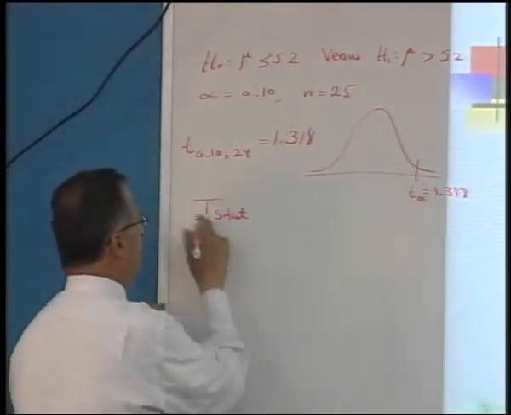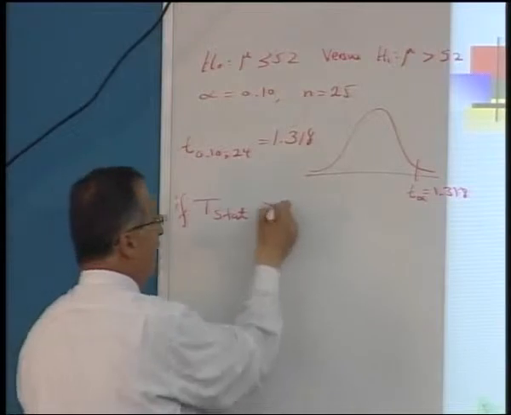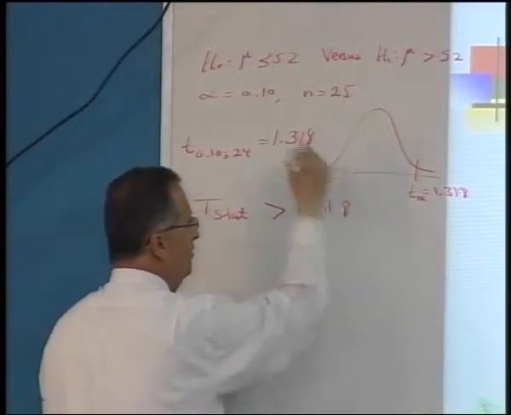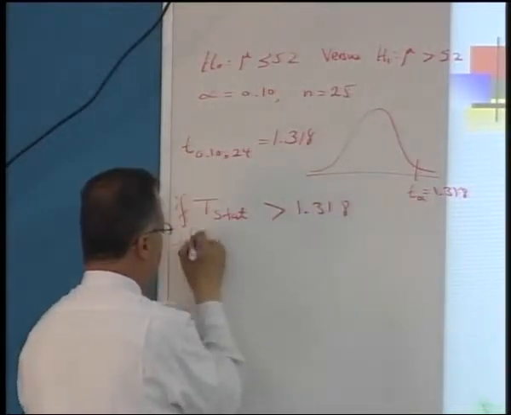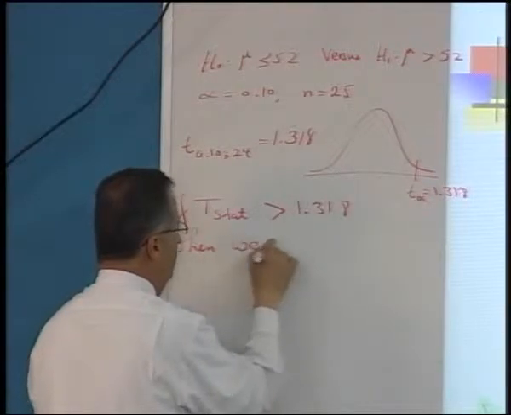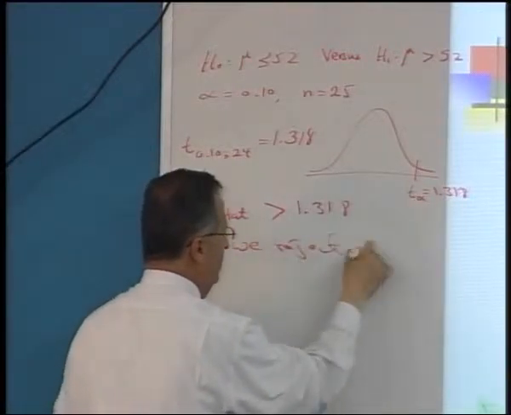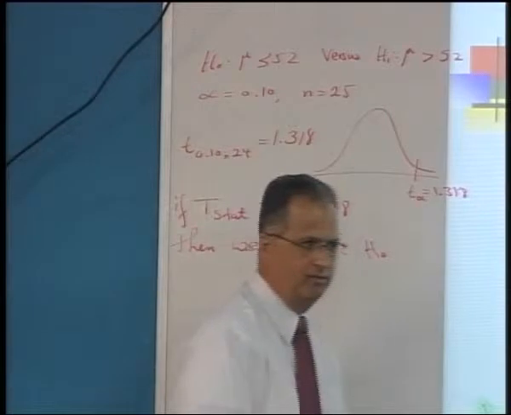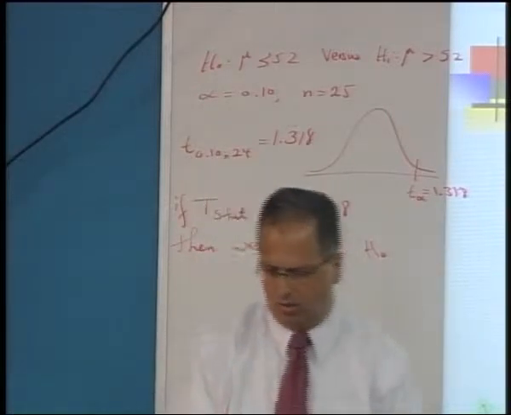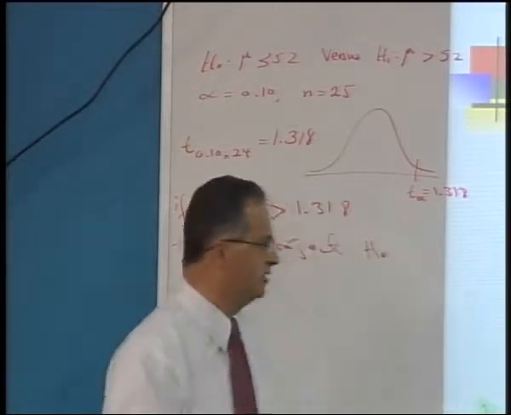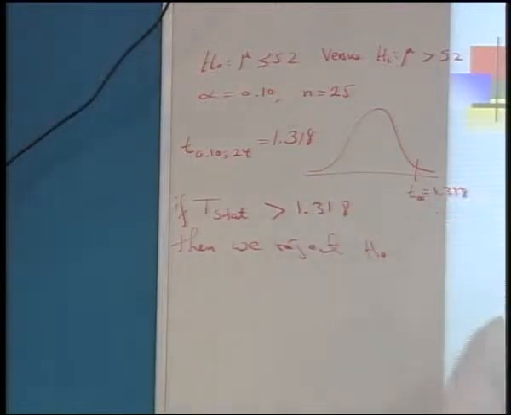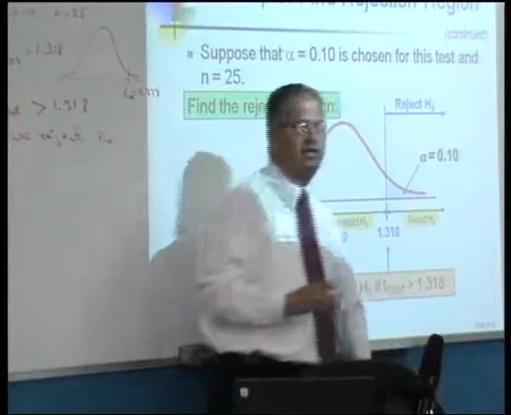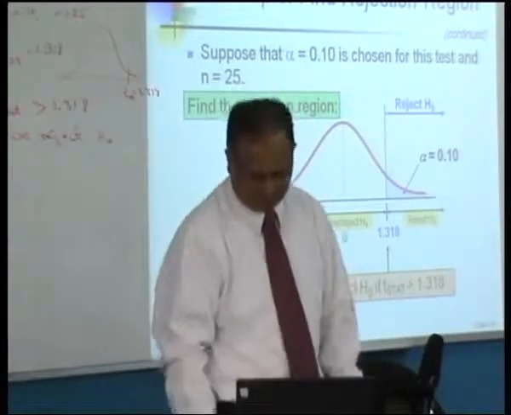So if this statistic is above 1.318, then we reject the null hypothesis. So we reject the null hypothesis if your t statistic value is greater than 1.318.